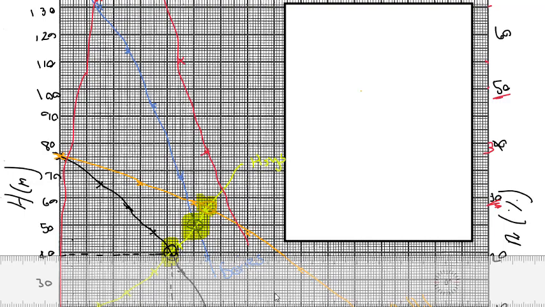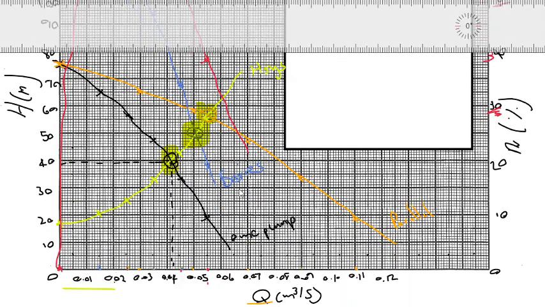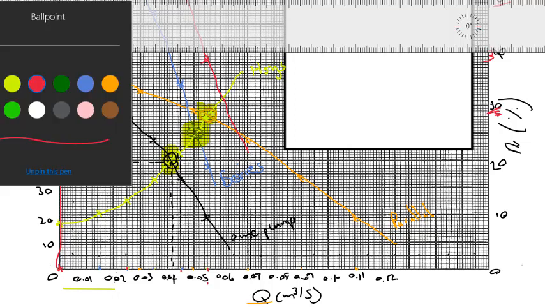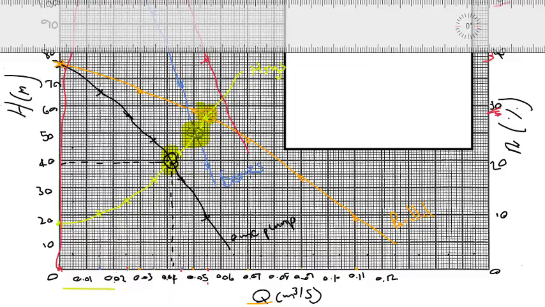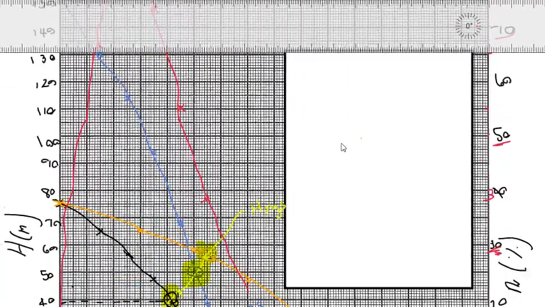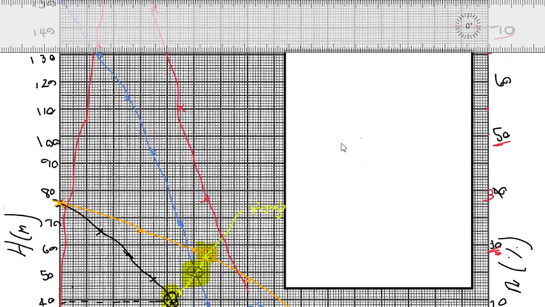So let's start with the first one being our head value for pump A. So remember, this is for pump 1. So let's do pump 1. Let's do it in black. Okay, so what's going to be our head value? Well, let's start with the Q values rather.